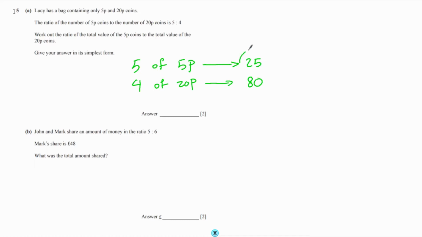So these are the values in here, and we need to work out the value of the 5p's to 20p's. So the ratio would be 25/80. And if I simplify this, dividing both numerator and denominator by 5, 5 over 16, so the answer would be 5 to 16.